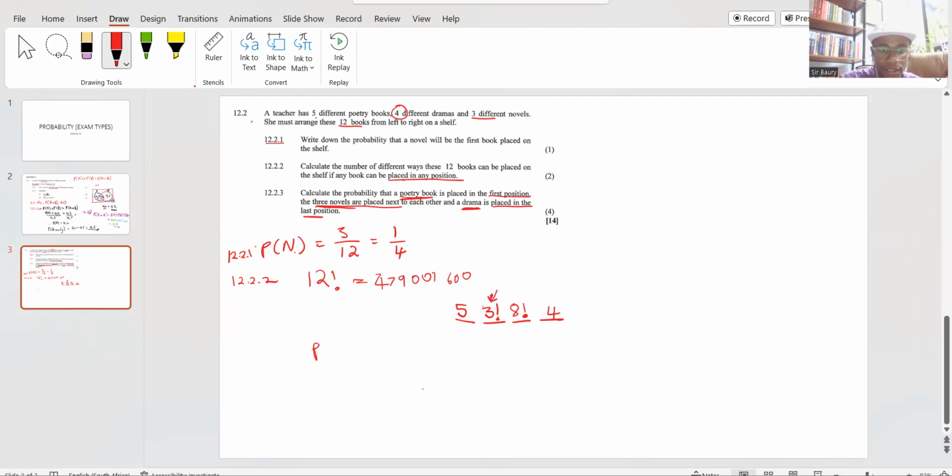So the probability of getting poetry, then novels, then last is drama. This will be equal to 5 times 3 factorial times 8 factorial times 4 all over 12 factorial.